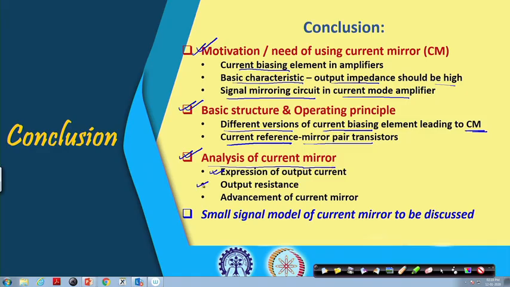Then we also talked about the output resistance, and finally about advancements of the current mirror, namely the cascode current mirror, for both BJT and MOS, and then also the beta helper.